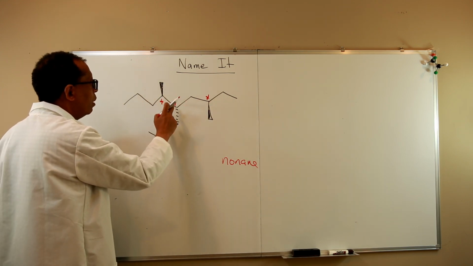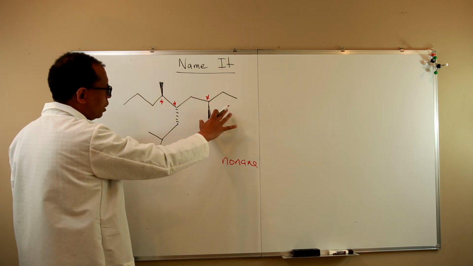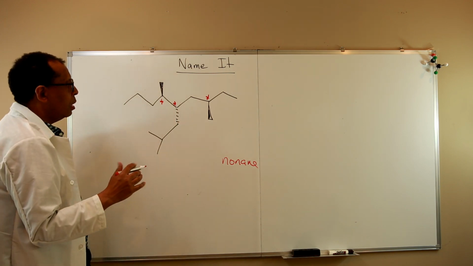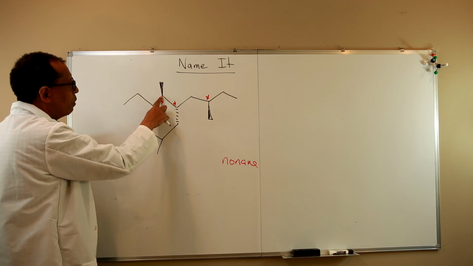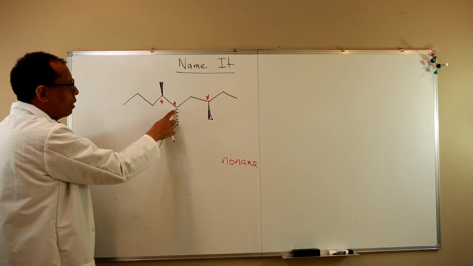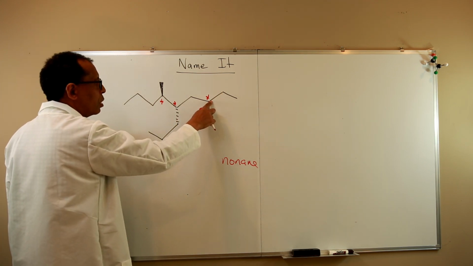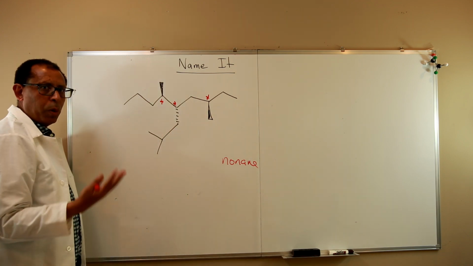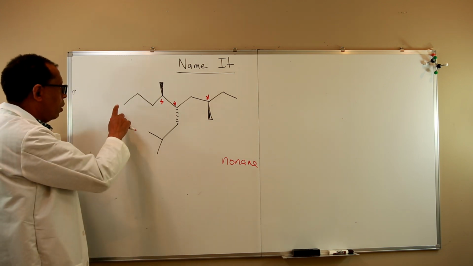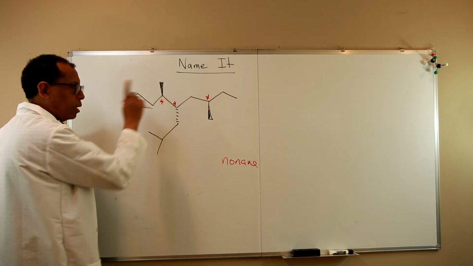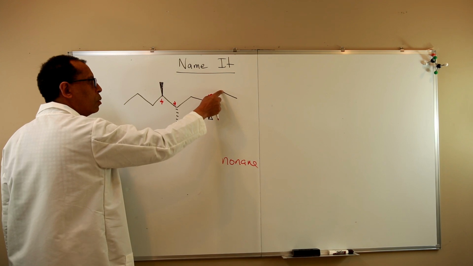1, 2, 3, 4, 5, 6, 7, 8, 9. In the chain, I have 3 substituents. What are the substituents at the 4 and 5 positions, and at 1, 2, 3? You should always consider the direction which gives you the lowest numbering where the substituents start. Starting from the 1, 2, 3, 4 side is not where I should start, because if I start from this other side, I get a methyl at position 3.